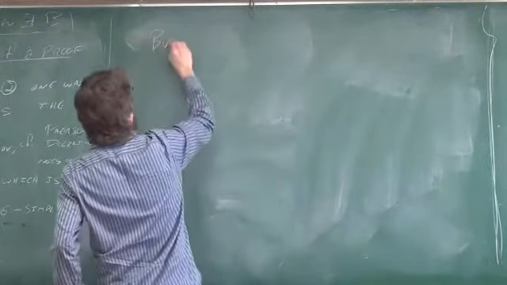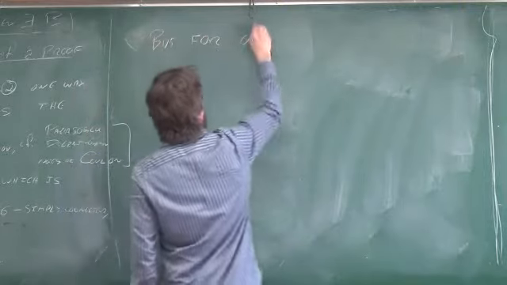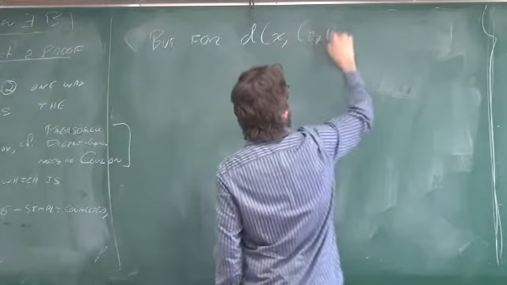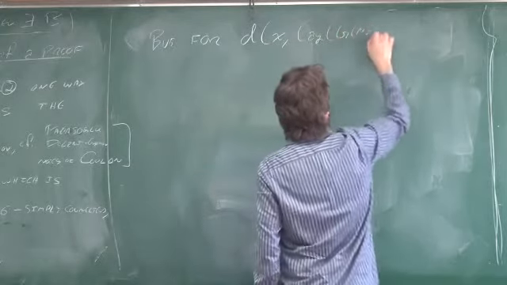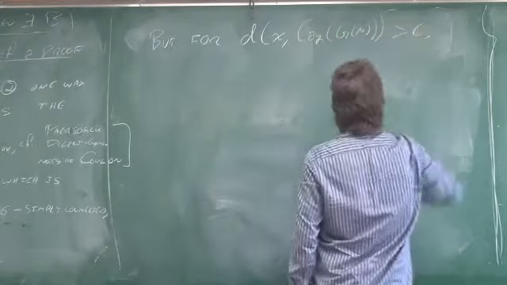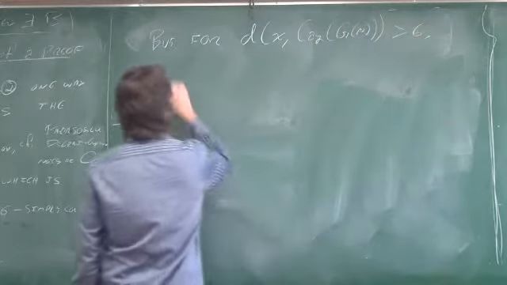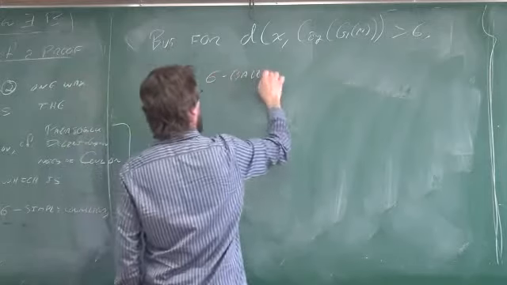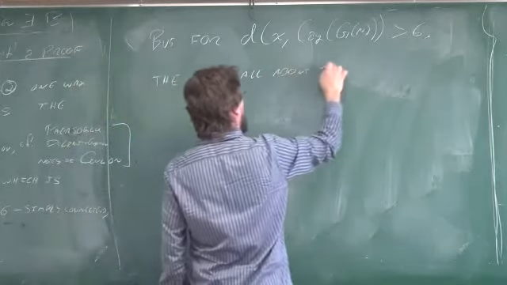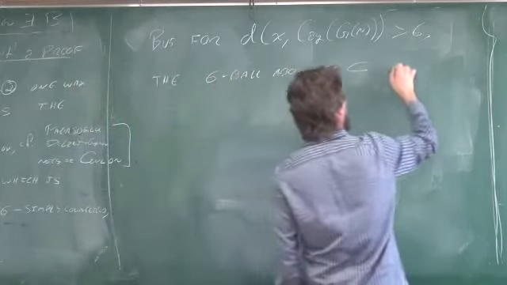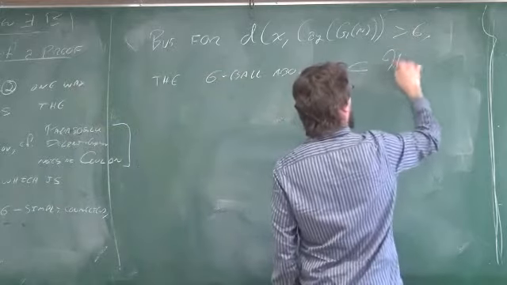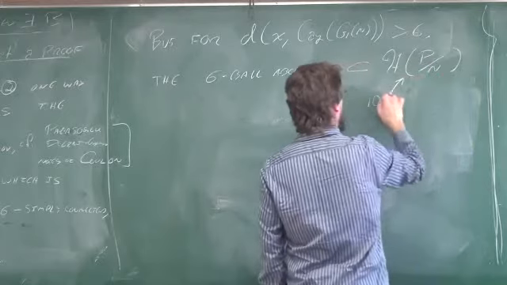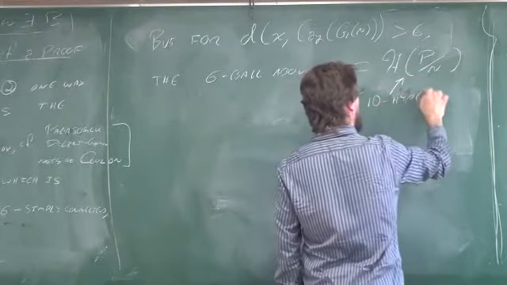So, for the distance between x and the Cayley graph of G_n bigger than sigma, the sigma ball about x lies completely inside the horoball based on P mod n. And this is 10 hyperbolic by the exercise from last time.